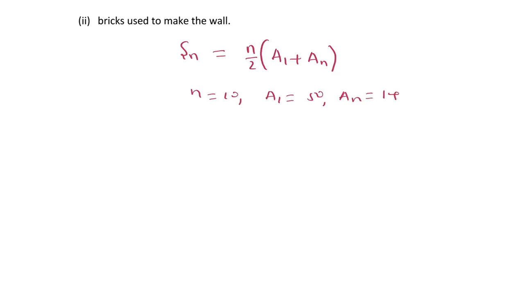So let us now substitute these values. Then our equation is going to be Sn equals 10 over 2, in brackets, 50 plus 14, of which after solving the values, we are going to have Sn equals 320. And this is going to be the total number of bricks used.